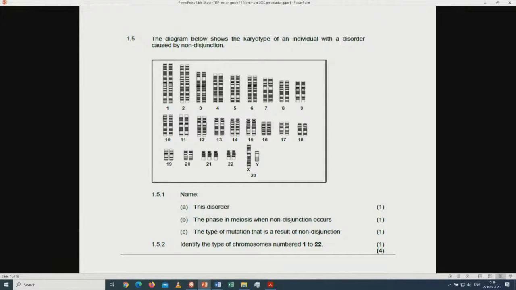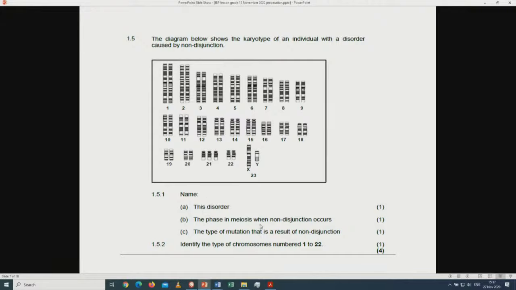Now, non-disjunction is when the spindle fibers fail to contract and pull a chromosome towards the poles of the cell. The disorder has this name, Down syndrome, because now on pair 21 we see 1, 2, 3 chromosomes instead of 2.